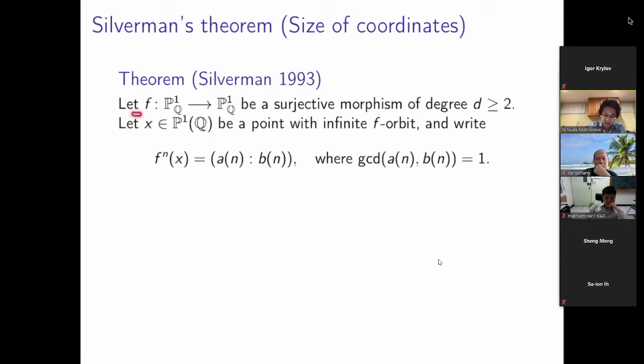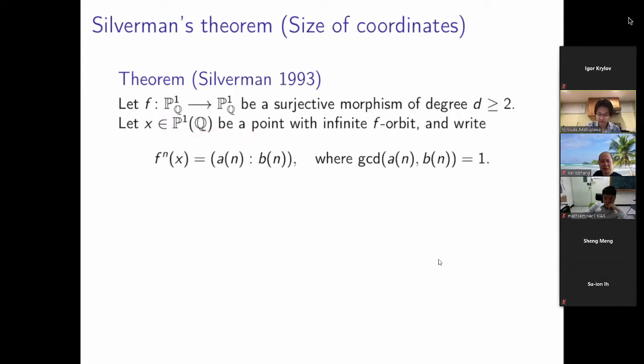So let's consider now a rational surjective endomorphism f on the projective line of degree d at least 2, and consider a point x with infinite f-orbit. This corresponds to the elliptic curve having infinitely many points, which we assumed. Now we assume that this point has an infinite orbit.